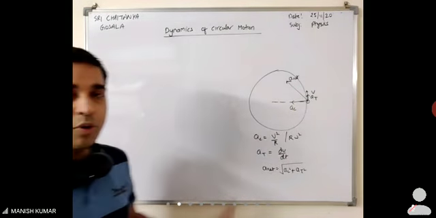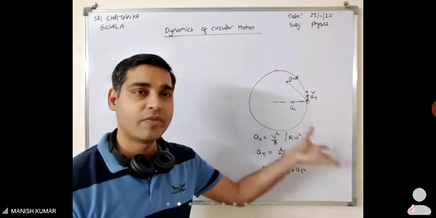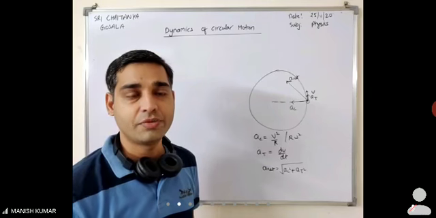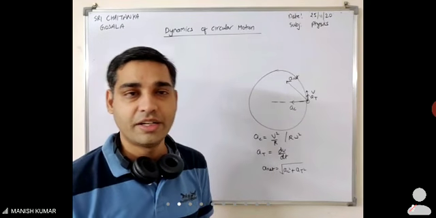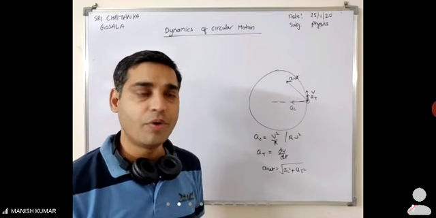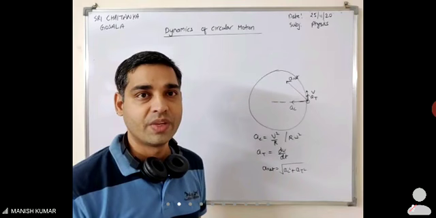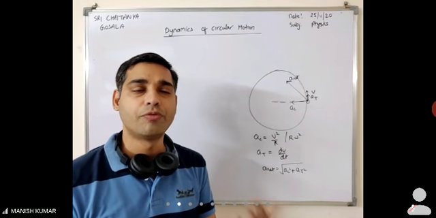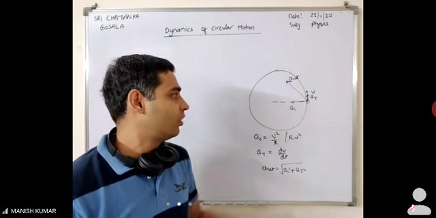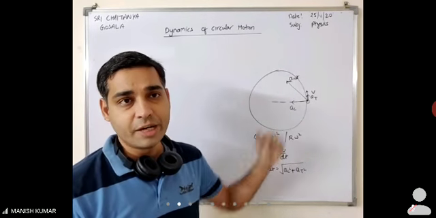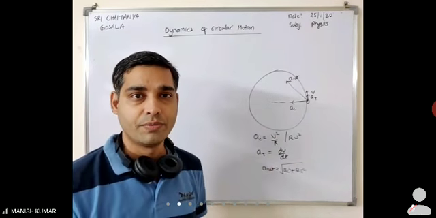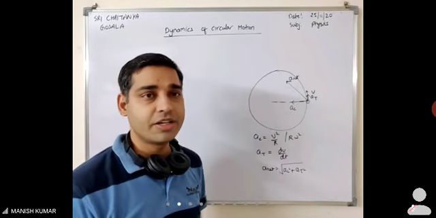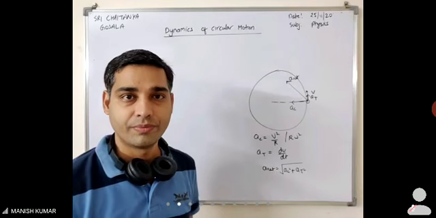But at that point we haven't discussed why this kind of acceleration arises. Now we are discussing Newton's laws of motion, that is, how acceleration arises and what is the reason for the acceleration. Acceleration arises due to force. So if there is centripetal acceleration, there must be a centripetal force providing it. If there is tangential acceleration, there must be a tangential force.